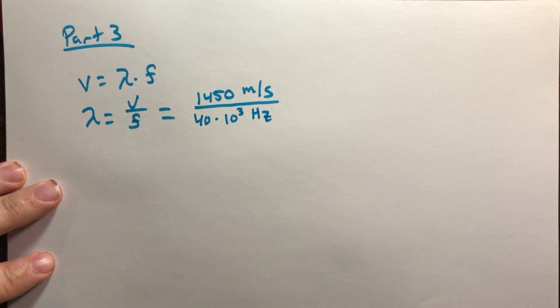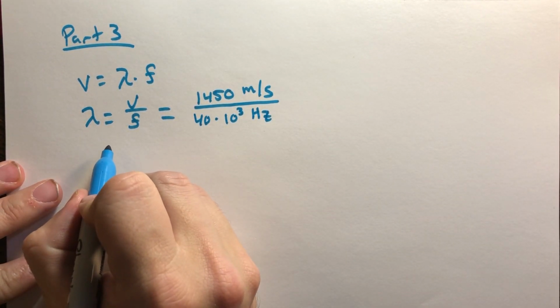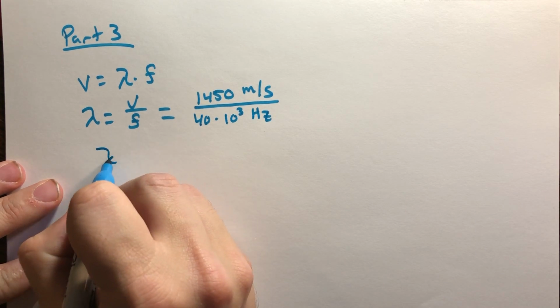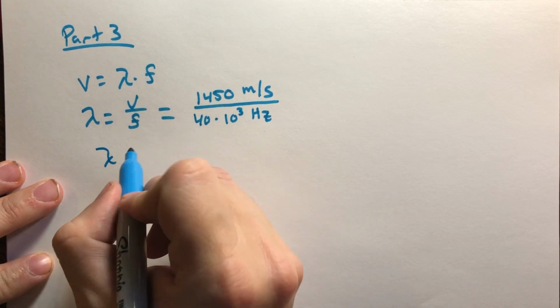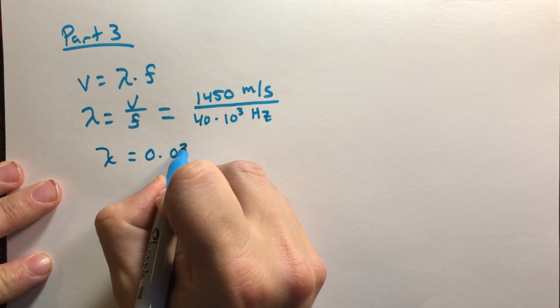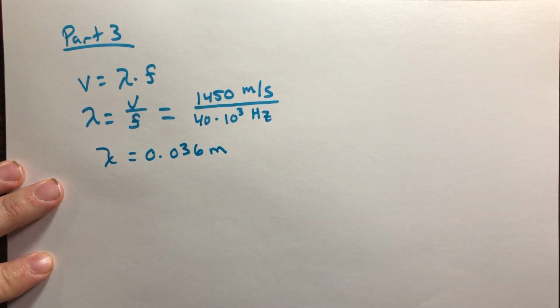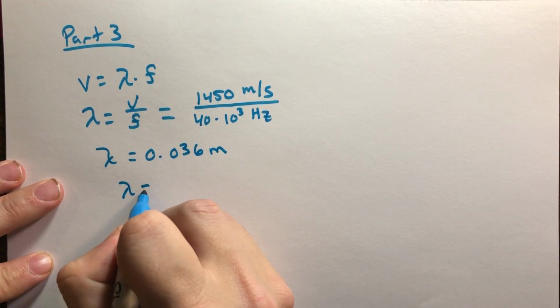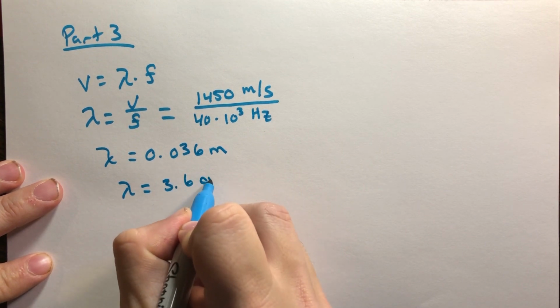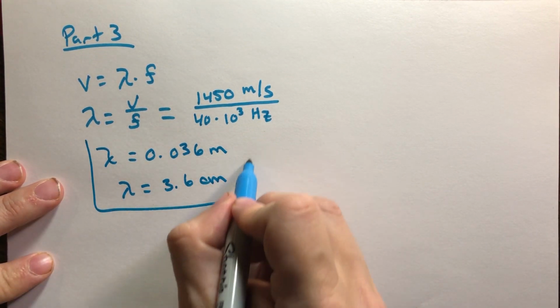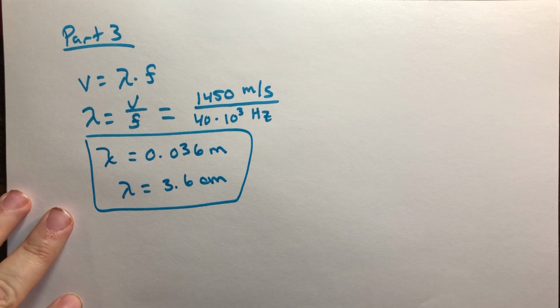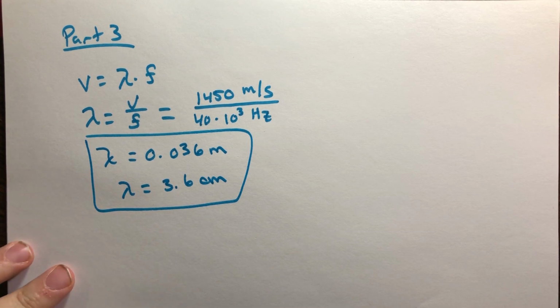You always want to go back to hertz, don't want kilo in there, which is going to give us a wavelength of 0.036 meters, but that doesn't mean a whole lot, so let's just say 3.6 centimeters. So it gives us a wavelength. Doing pretty good so far.